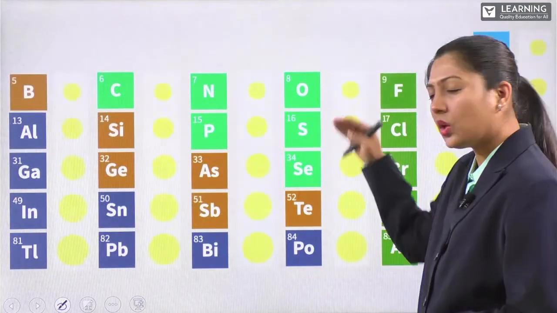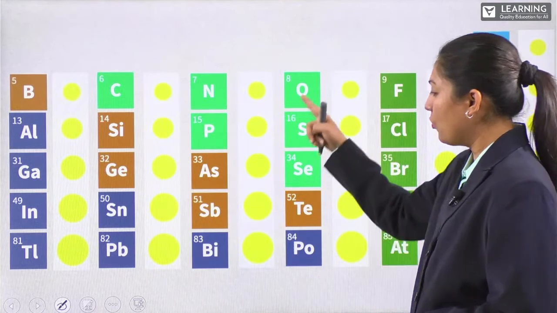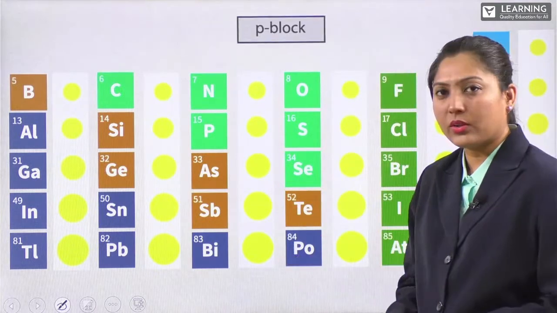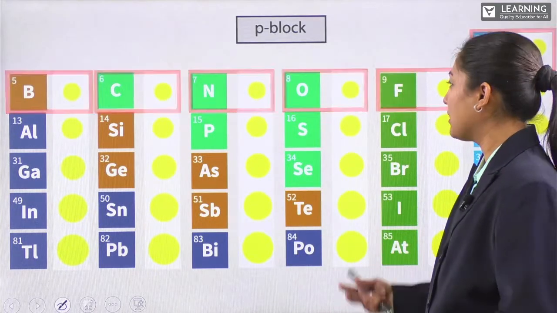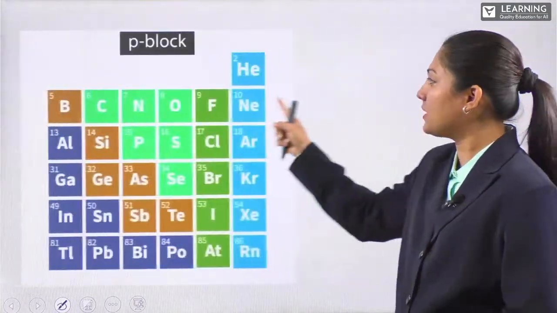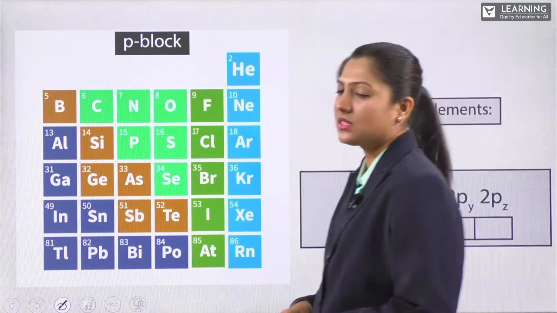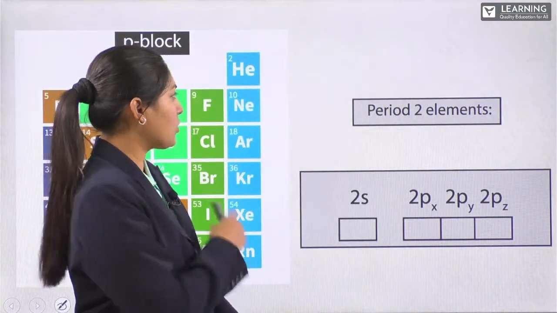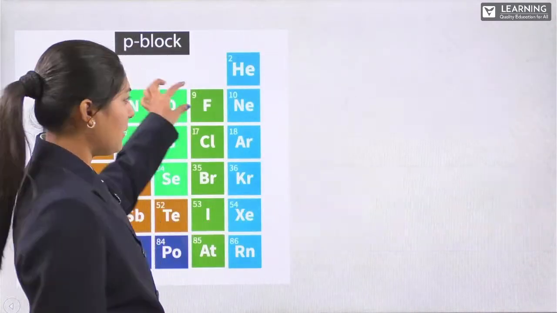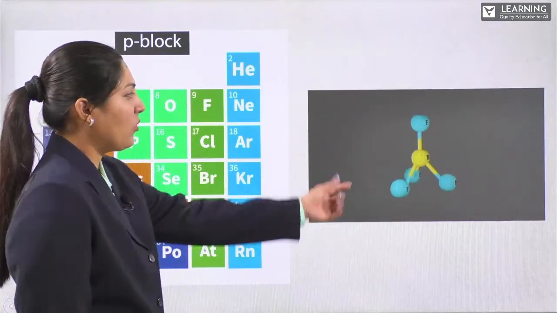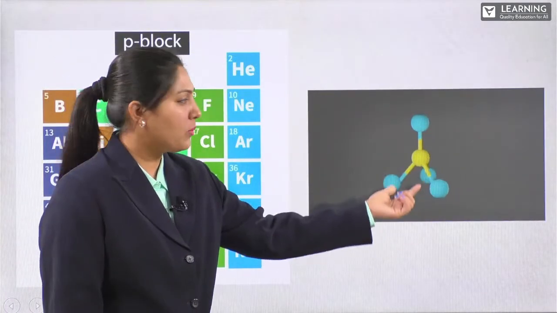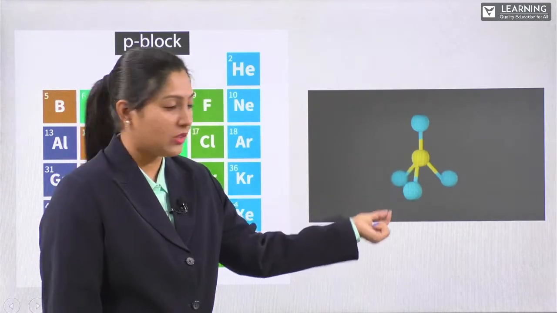Down the group, the size increases. So you can see all the first members have a smaller size, which makes them differ in physical and chemical properties from the others. If you take the second period, as we see, we can have only 4 fluorine with the boron atom.